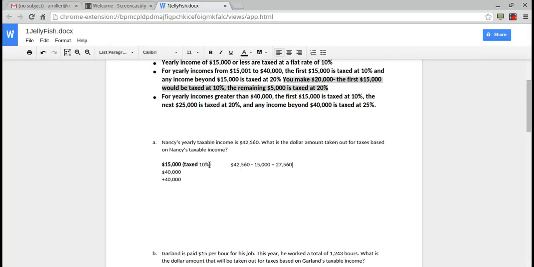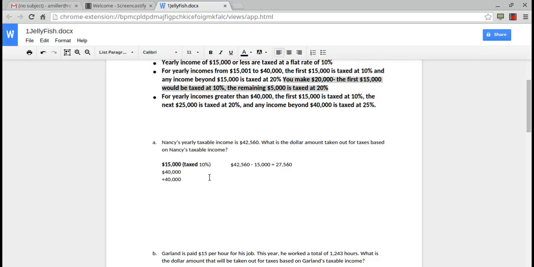So the first $15,000 is going to be taxed at 10%. Now I have $27,560 left. If I look at the second bullet point, or the third, our total is still more than $40,000. So we still have to break it into three pieces.